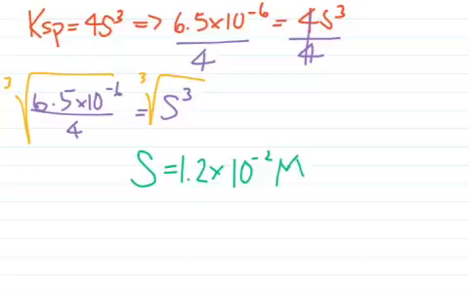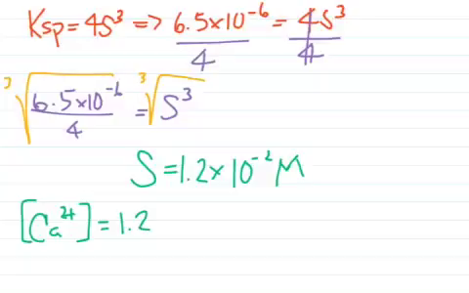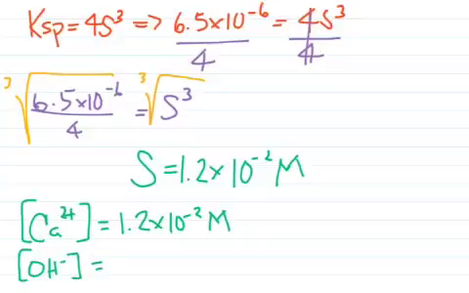So that means our calcium, since it was equal to S, is equal to 1.2 times 10 to the minus 2 molar. And our hydroxide, which was equal to 2S, is 2.4 times 10 to the minus 2 molar. So that's how we were able to get our KSP.